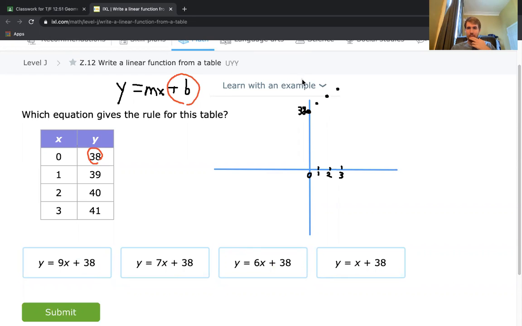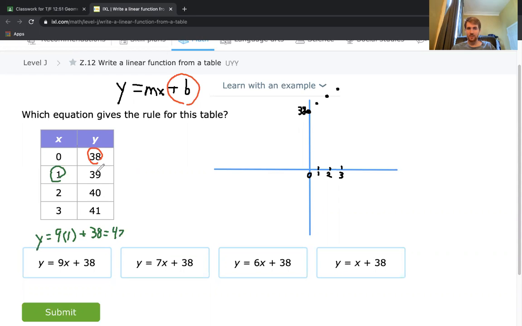So let's use dark green. x equals 1. I'm going to substitute it in. y equals 9 times x, which is 1, plus 38. Well, we know 9 times 1 is 9, plus 38. 9 plus 38 is 47.